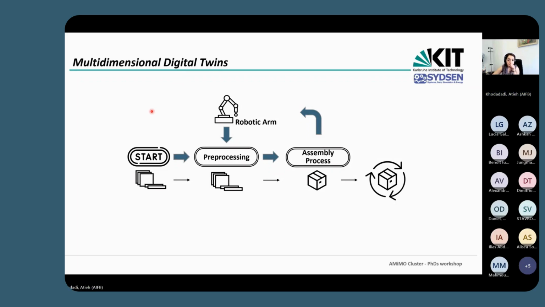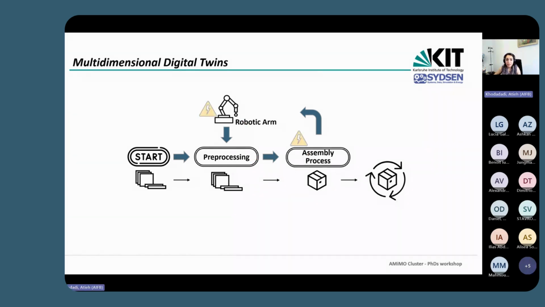Yeah, here. Once the raw material is in place, if the robotic arm is free, it begins the assembly process. After a certain processing time, the assembly is completed, and then the product moves to the next stage. During this period, if there is no raw material, the robotic arm goes to the idle state.